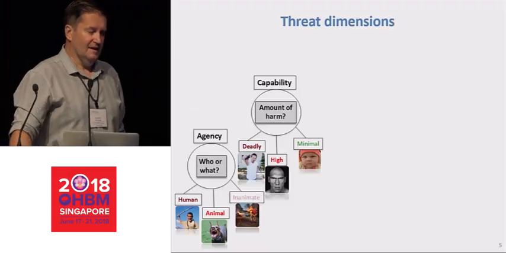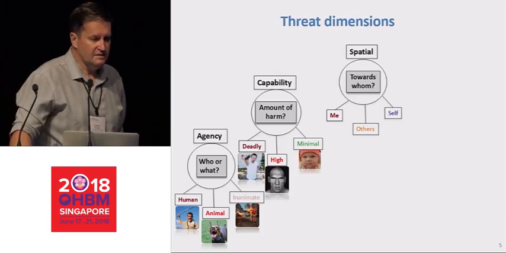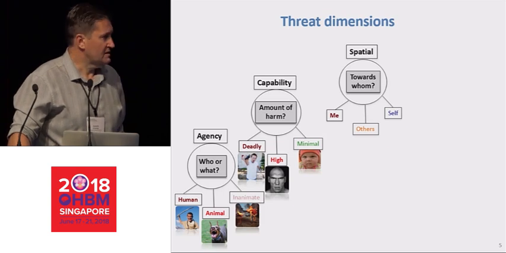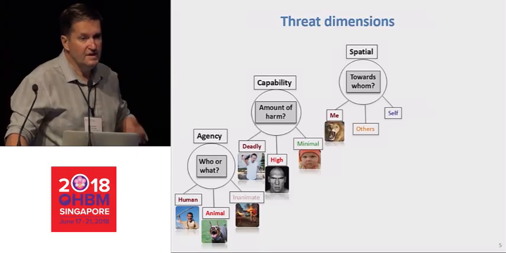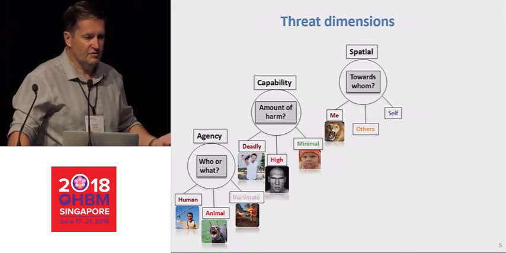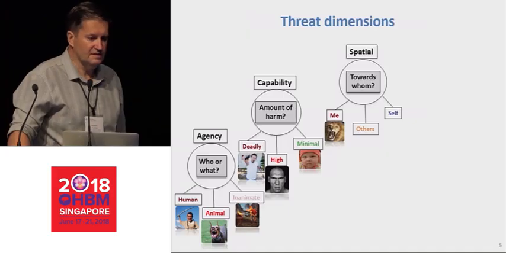Another critical dimension, and one that we'll be testing explicitly in the studies that I'm going to present, is the spatial dimension. So towards whom is the threat oriented? Most critically, when it is oriented towards you or me, it produces very quick responses and a lot of activation of the subcortical system.